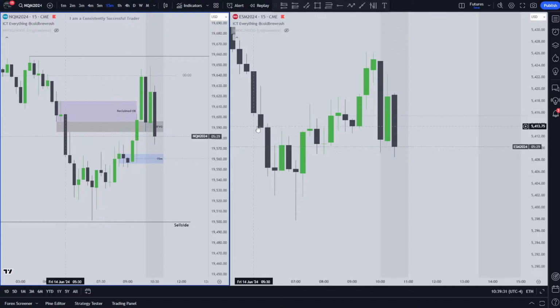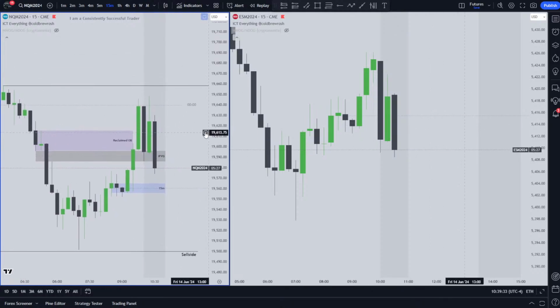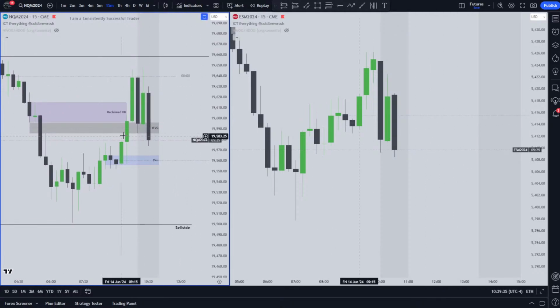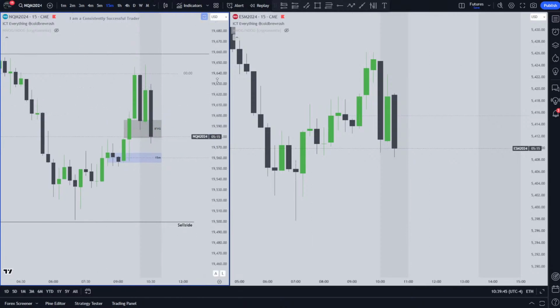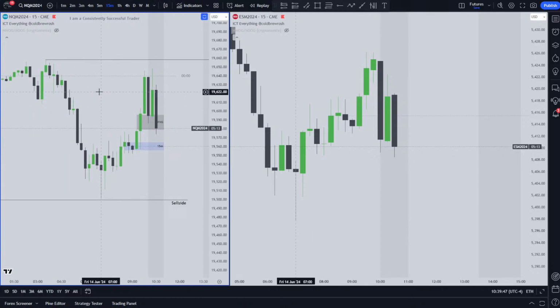Okay, let's just examine this structure though. No, let's get rid of this now. Okay, so I had got slightly manipulated by that move.